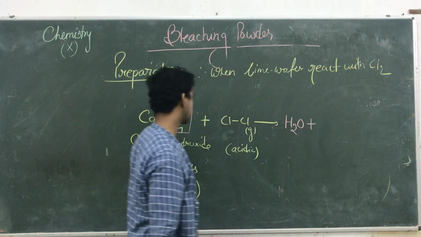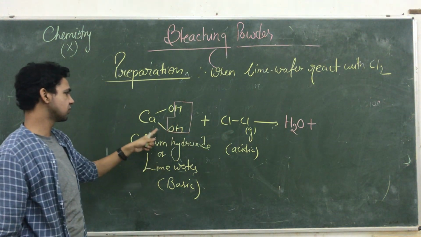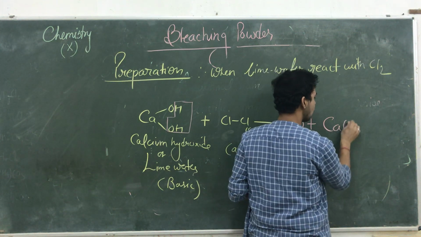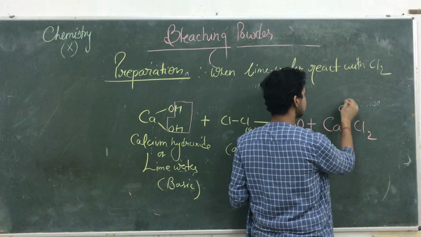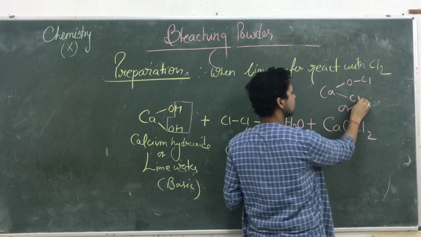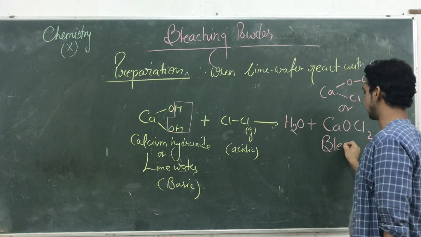Now what is left? One chlorine is able to combine with oxygen and one chlorine is able to combine with calcium. So what is formed is CaOCl2, and I also showed you its structure. One chlorine is combined with this oxygen and one chlorine is here. That compound is known as bleaching powder.